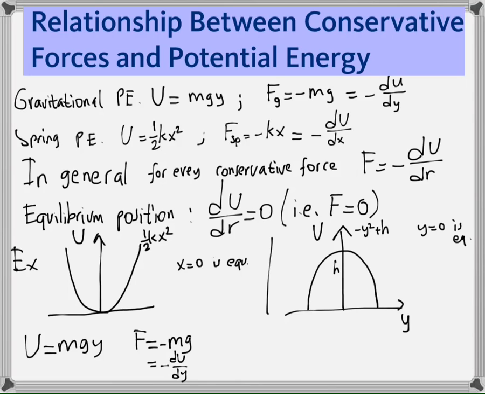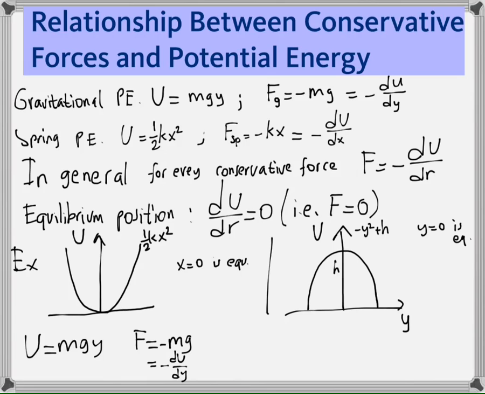But if you take the derivative of this potential with respect to x and multiply by -1, you will obtain the spring force. So as you see, for conservative forces, the potentials and the forces are related to each other by a derivative. The force can always be calculated if the potential is a potential of a conservative force.